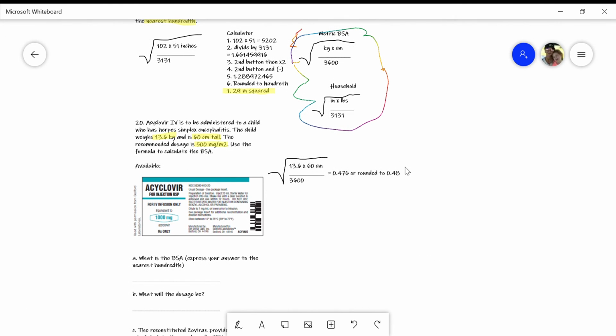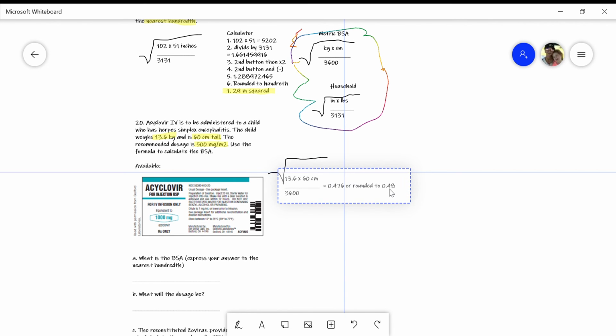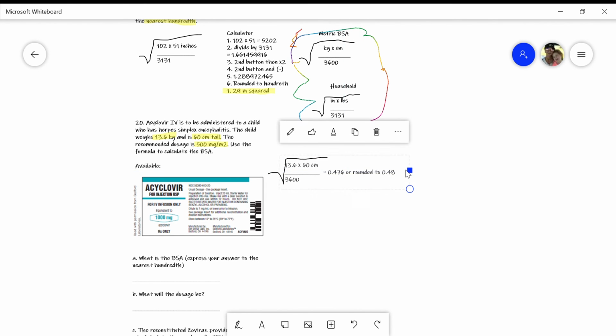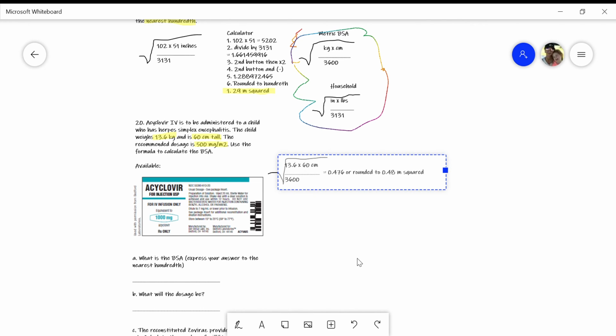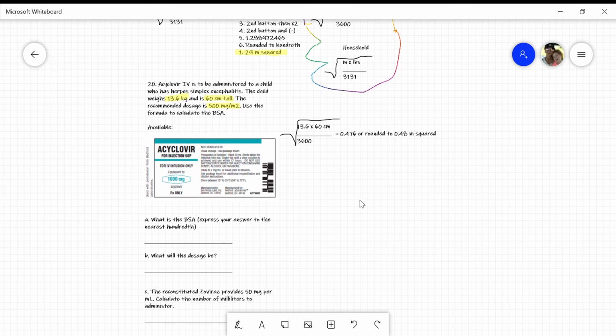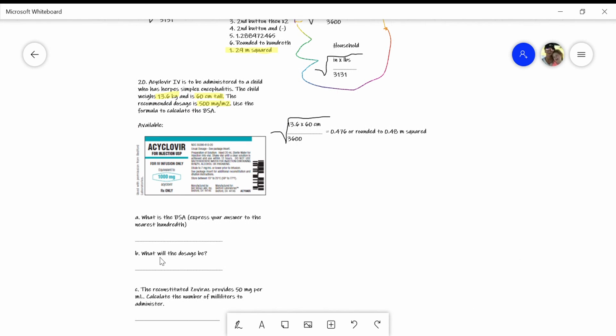And so that's going to give you your meter squared that it's asking for on the first part of the problem.